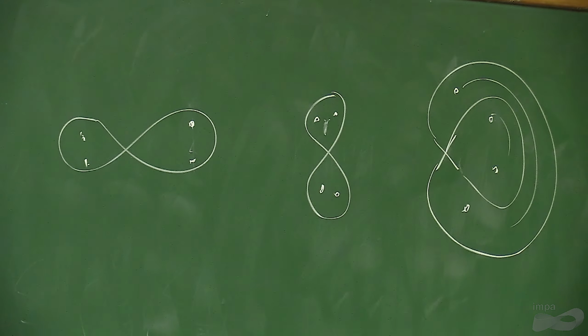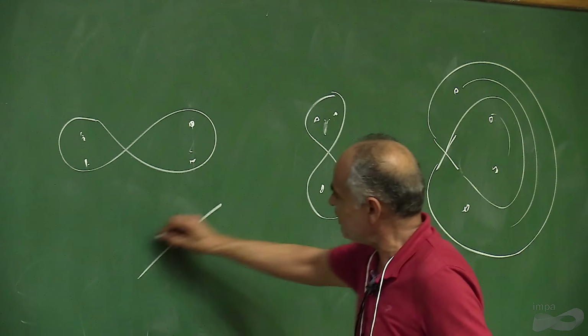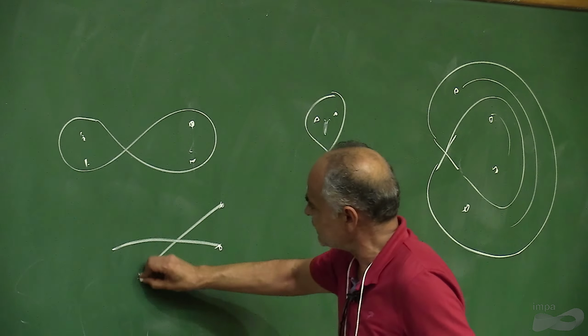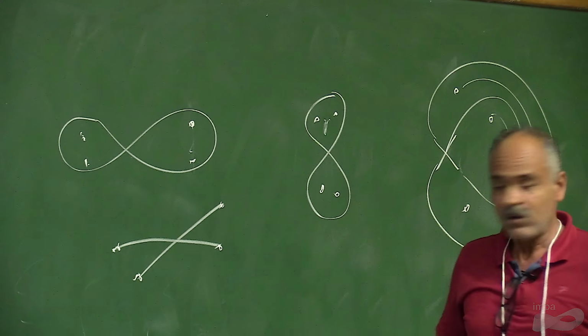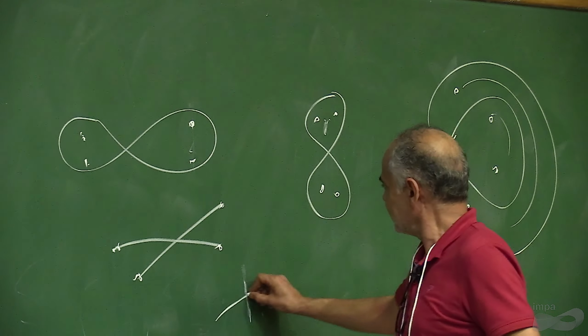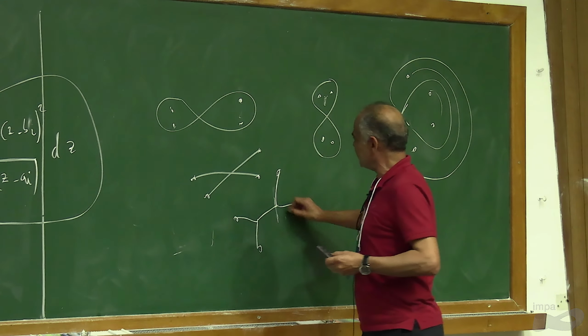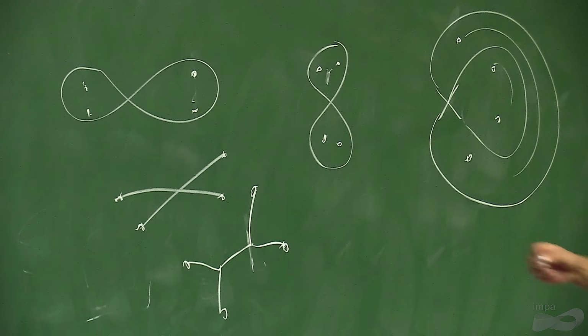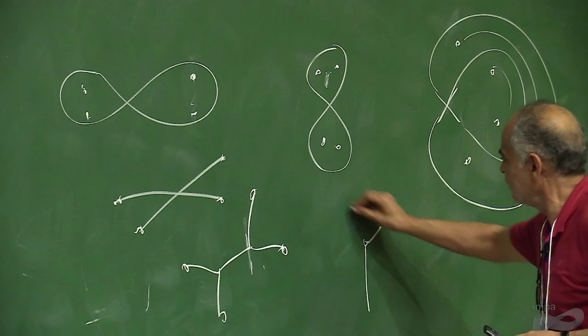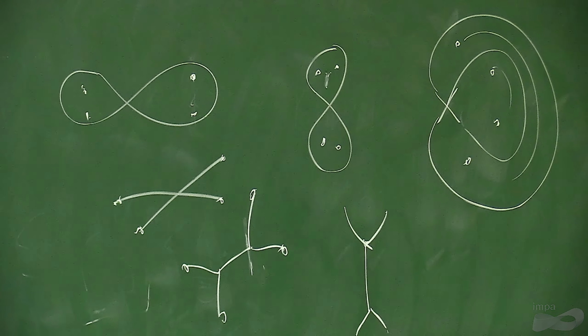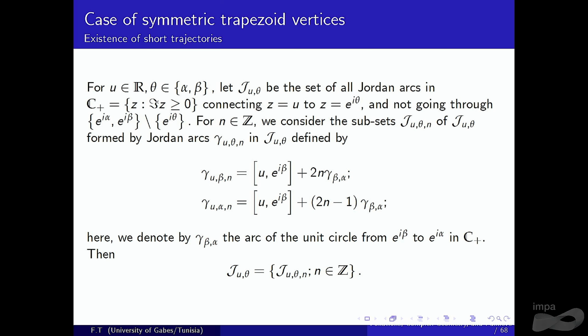We want to answer the Chebotarev problem, which is the case of maybe something like this, or the last case, of course. We wanted to investigate the possibility of the existence of these configurations.